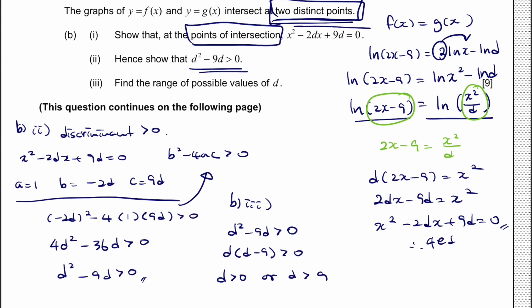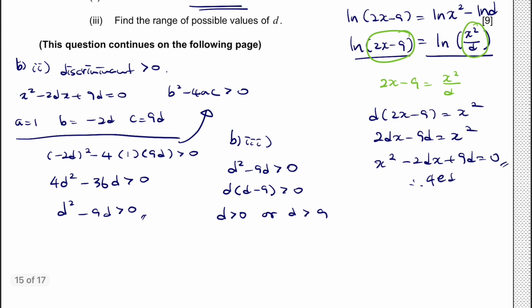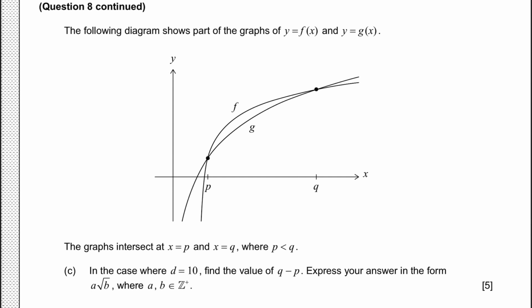Okay, since the d value always has to be a positive real number, it cannot be less than 0, but it can be greater than 9. So the range of d is greater than 9.